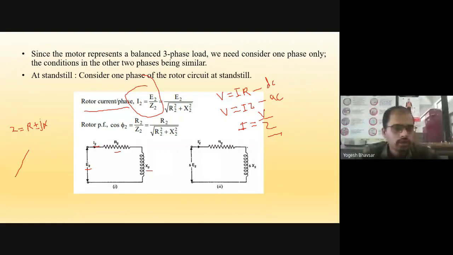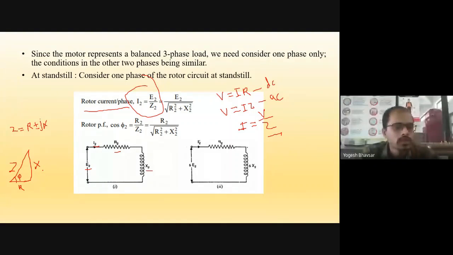Again, with the help of the impedance triangle, we can denote it. The base side represents the resistance, the adjacent side represents the reactance, the hypotenuse represents the impedance, and this will be the angle phi.